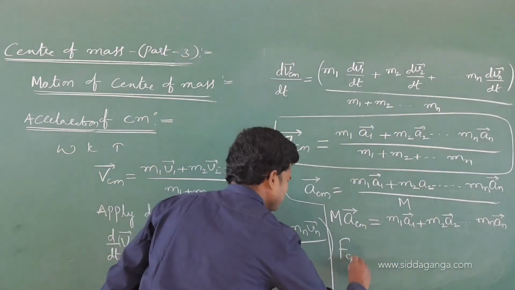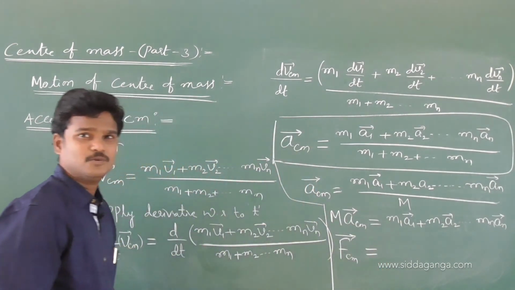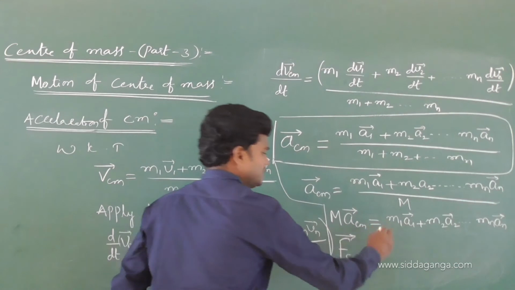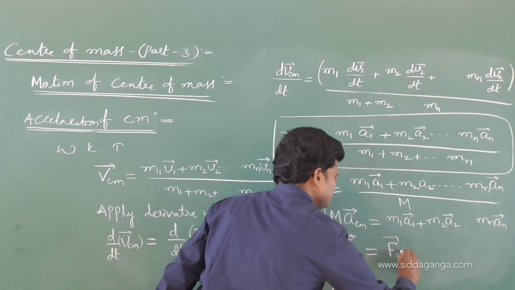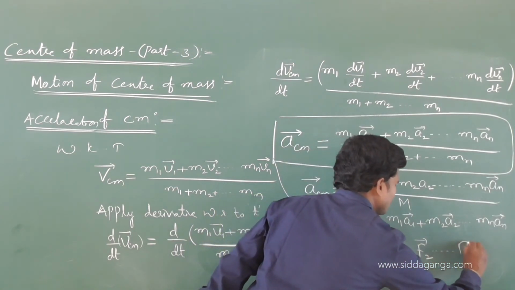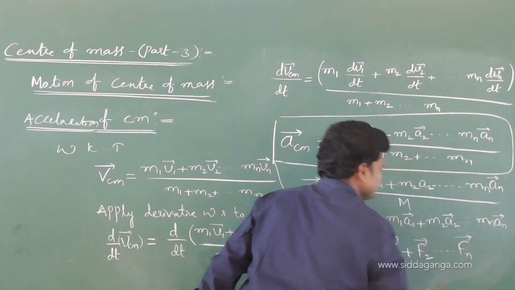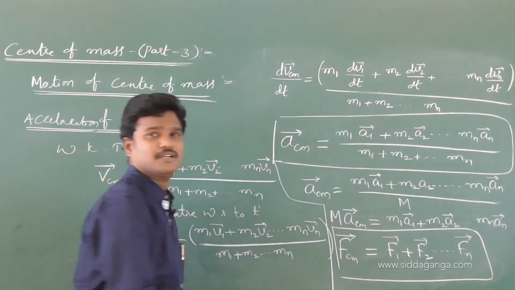So FCM bar, force of center of mass, and this is m1 a1, f1 bar, this is f2 bar, so on fn bar. So I got force of center of mass.